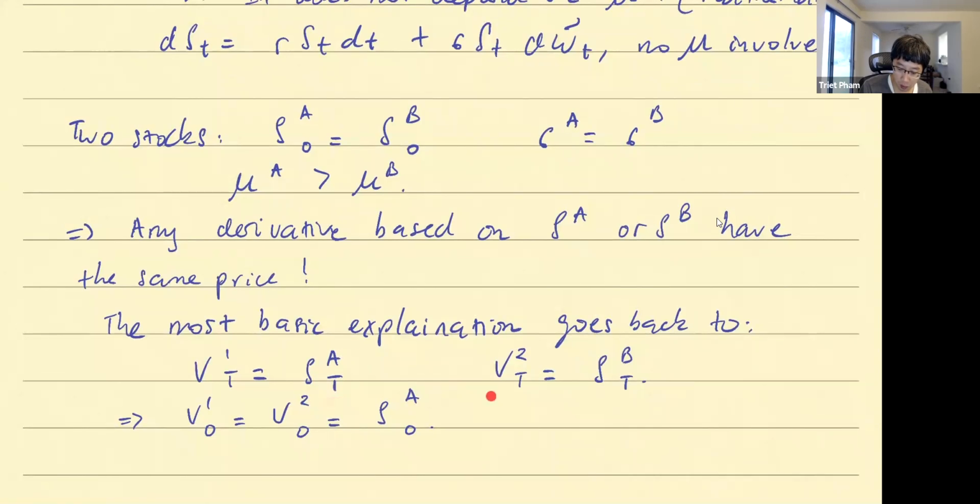But if you look at these two derivatives, risk neutral pricing tells you that they must be equal right now. And by the way, that's exactly the explanation for risk neutral. When we say stock A has a chance to be bigger than stock B, we're not saying that stock A will be guaranteed to be better than stock B when you think about it.